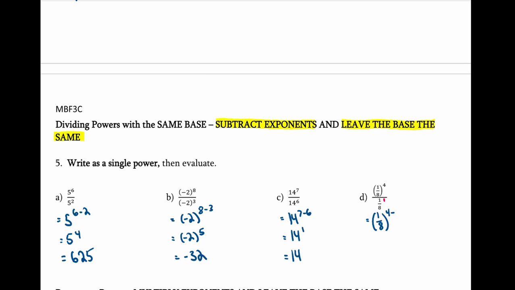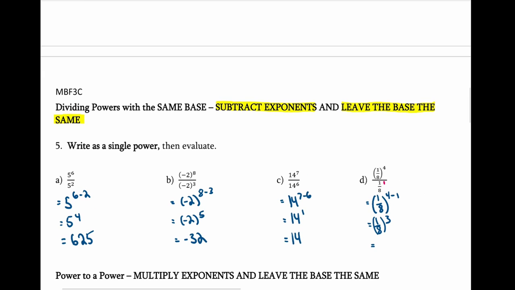So when I simplify this as a single power, it's going to be 1 over 8 to the power of 4 minus 1, or 1 over 8 to the power of 3. So if I want to simplify this, that means it's 1 to the power of 3 over 8 to the power of 3, because that exponent applies to both the numerator and the denominator. So this simplifies to 1 over 8 to the power of 3, or 1 over 512 is my evaluation.